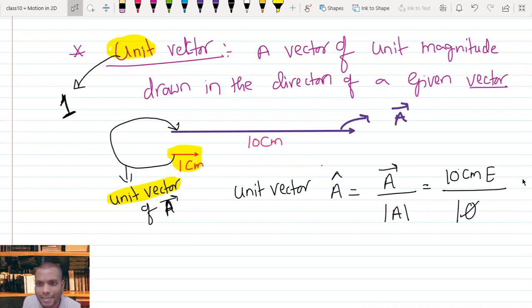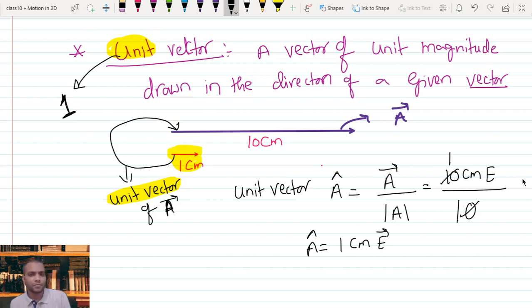So 10 gets cancelled, and I get the unit vector A cap equal to 1 centimeter towards east. This is the vector I drew here, the unit vector. The unit vector formula, which you can use every time, is A cap equal to A bar upon modulus A.